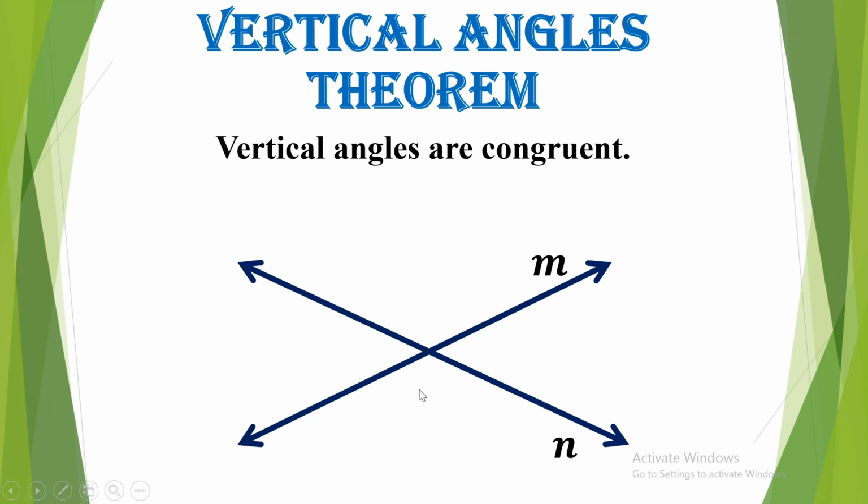So if they are vertical angles, then they are congruent. In here, since we have angle 1 and angle 3, which are vertical angles, then angle 1 is congruent to angle 3. Also, we have angle 4 is congruent to angle 2.